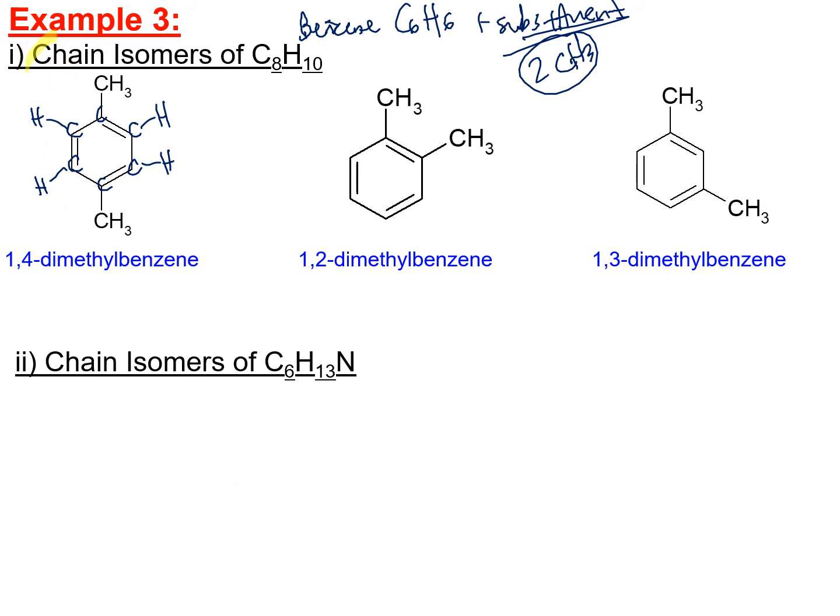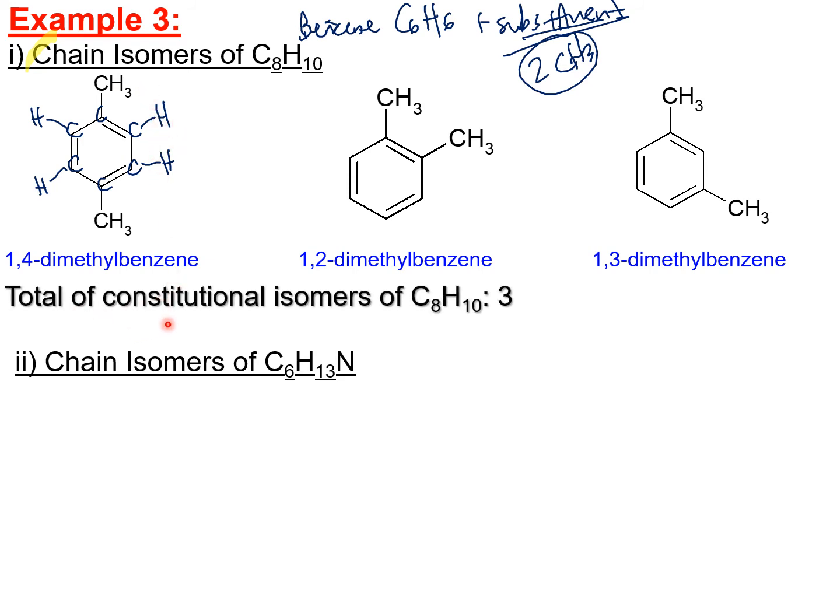Because chain isomers are isomers where there is a change in the position of carbon atoms. So even though it is a benzene ring, not a straight chain, it changes the position of its carbon atoms, so it all counts as chain isomers. That means the total of constitutional isomers for molecular formula C8H10 is 3. Chain isomers fall under constitutional isomers, just that there is a change in the position of carbon atoms.